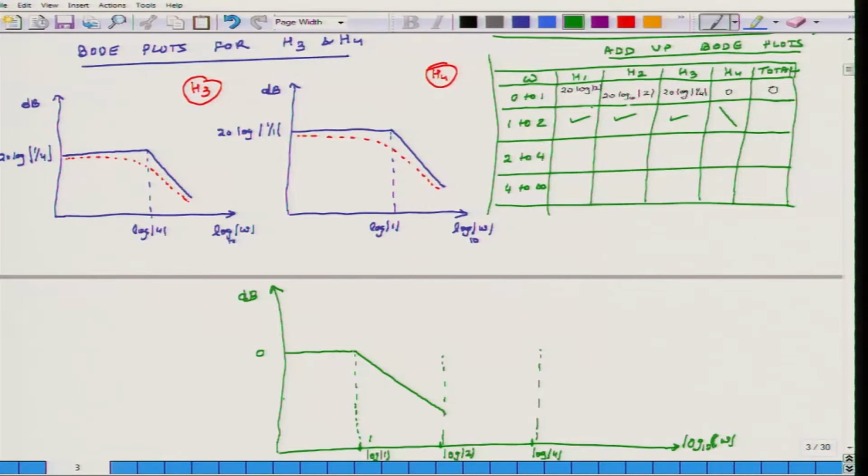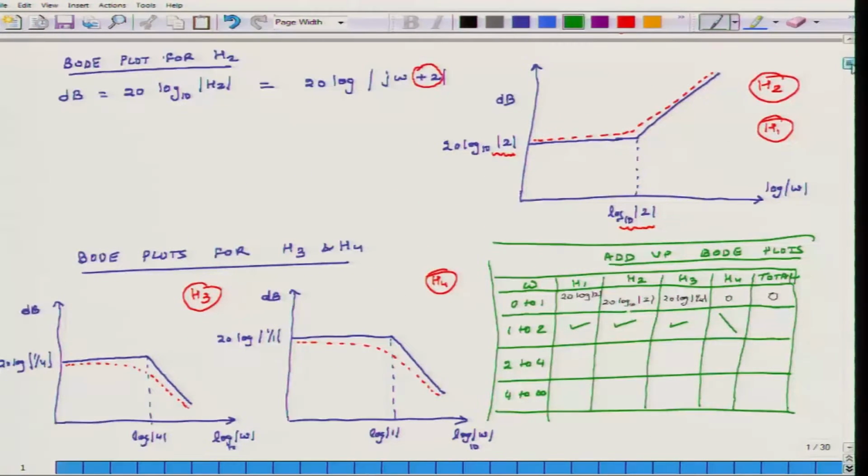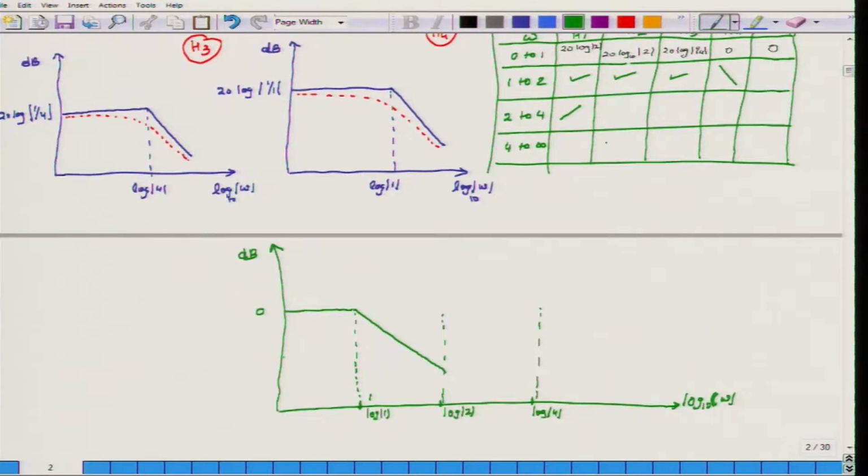Okay. Now, let us see what happens in the range 2 to 4. In the range 2 to 4, when we look at H2 and H1, after 2 the slope is positive, and it is 20 decibels per decade. So, the overall slope of H1 and H2 will become 40 decibels per decade. This is still 0, 20 log 1 over 4, and this is negative.